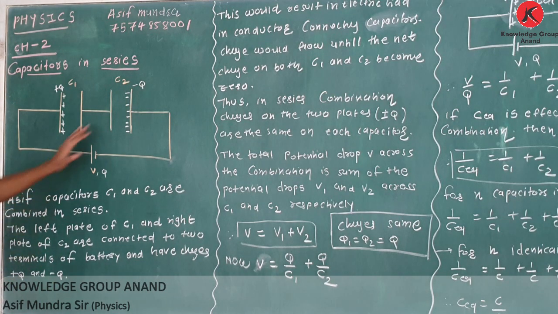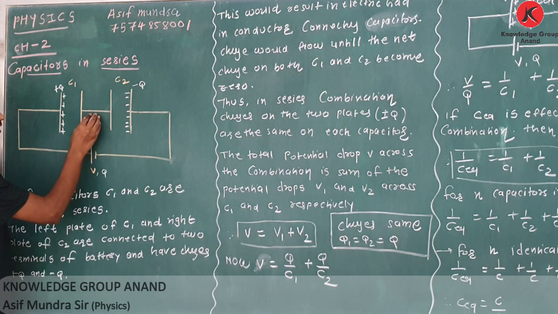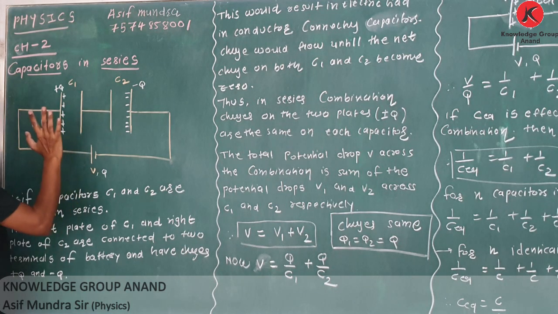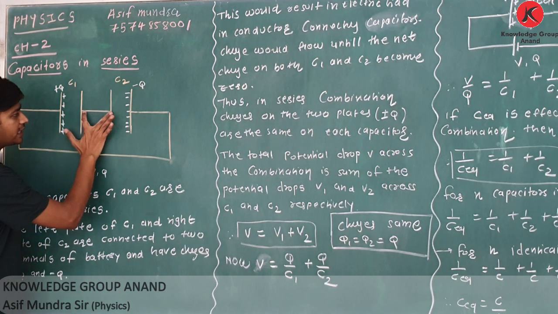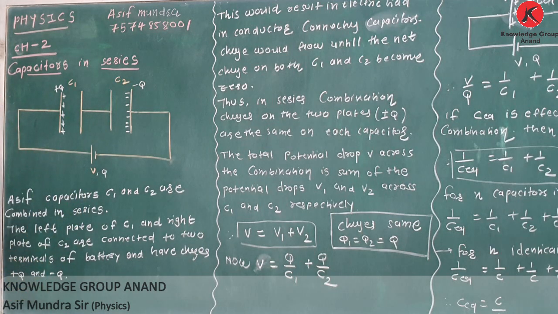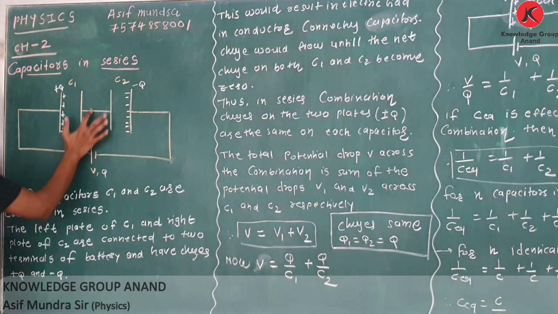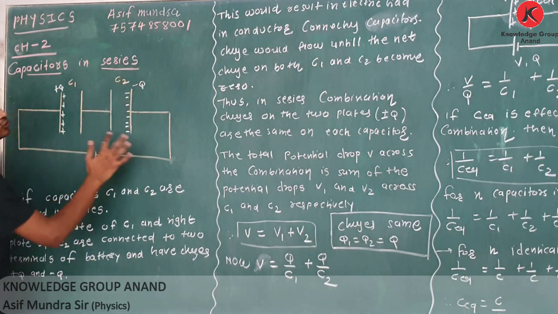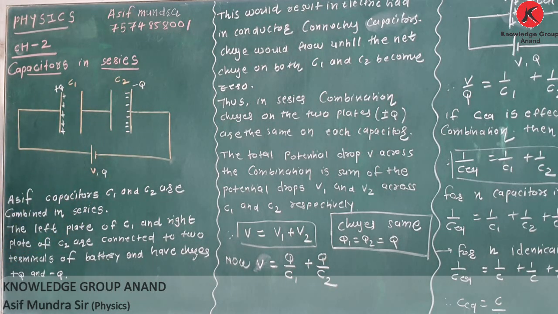This results in an electric field in this region, in the conductor connecting the capacitors. Due to this electric field, charges will flow in this conductor until both C1 and C2 become chargeless, meaning the total charge on them becomes 0.